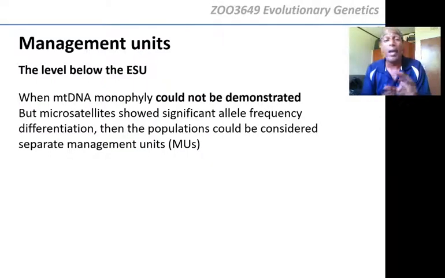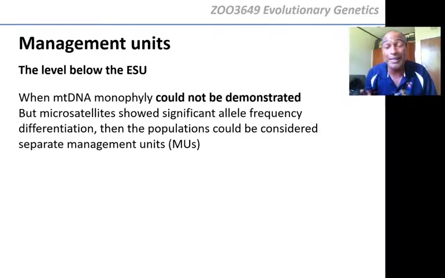Okay, so either way, in that situation when you don't have the evolution of monophyly, or you had monophyly and it was messed up by gene flow, you cannot consider that population an ESU. Okay, because you can't demonstrate that there's been no gene flow for a long time. It's not special. Because there's been gene flow or ILS, it's not special.